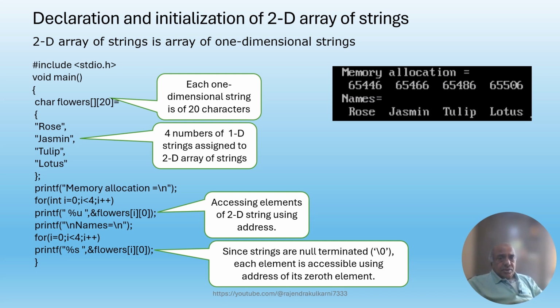So we can see the first memory address is added with the second dimension mentioned in the declaration of the string flowers, and this printf statement gives us the values of the elements of the 2D array flowers, which in themselves are 1D strings, which are the members of this 2D array of strings.